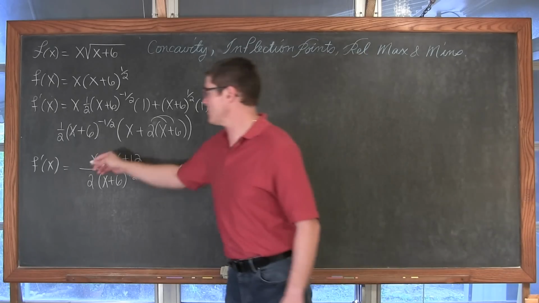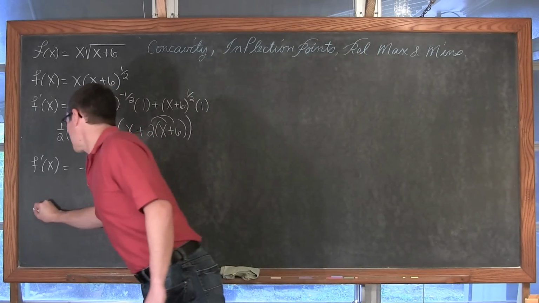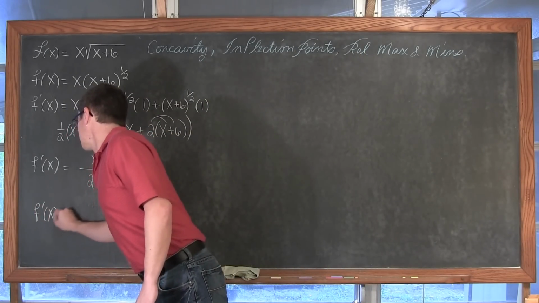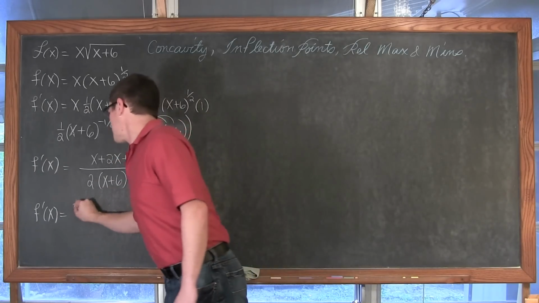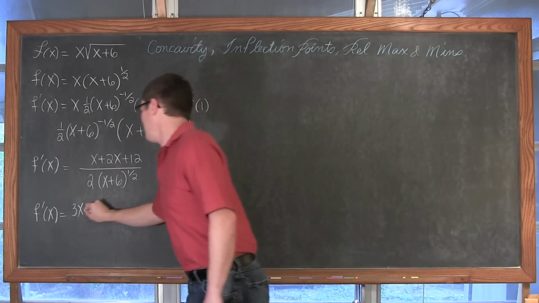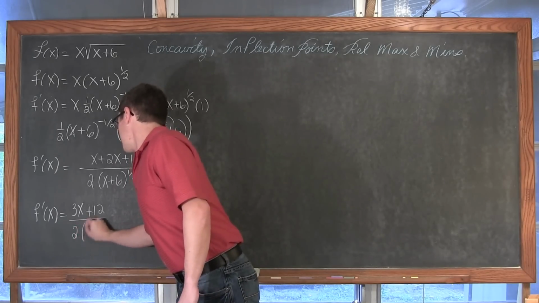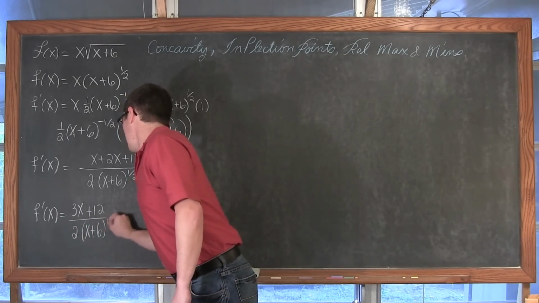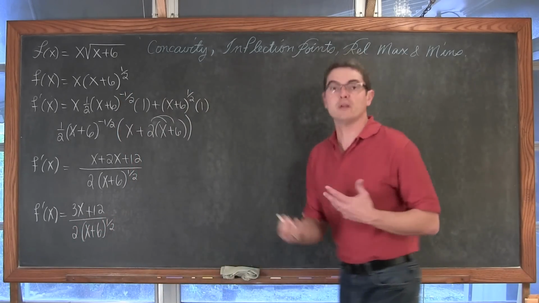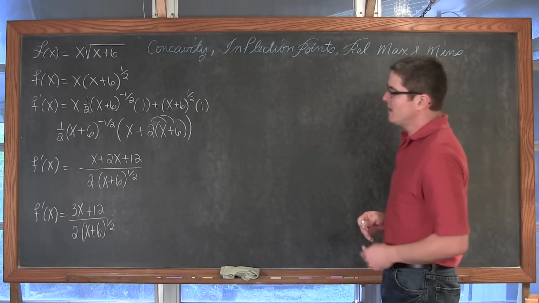And of course we add like terms, and we get the first derivative is 3 times x, plus 12, over 2 times x plus 6 to the 1/2 power. Now I have to go through another derivative process, but this time using the quotient rule.